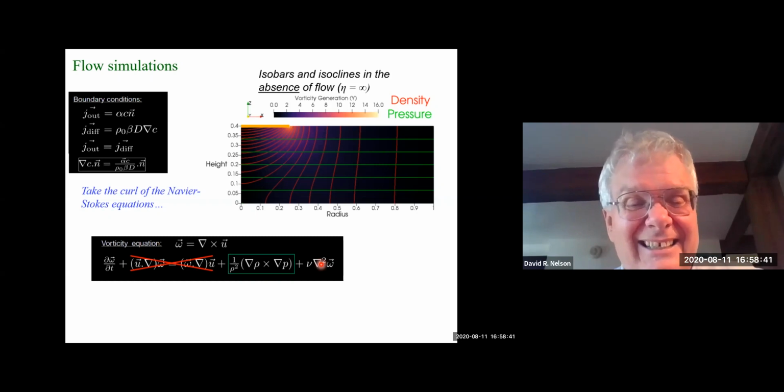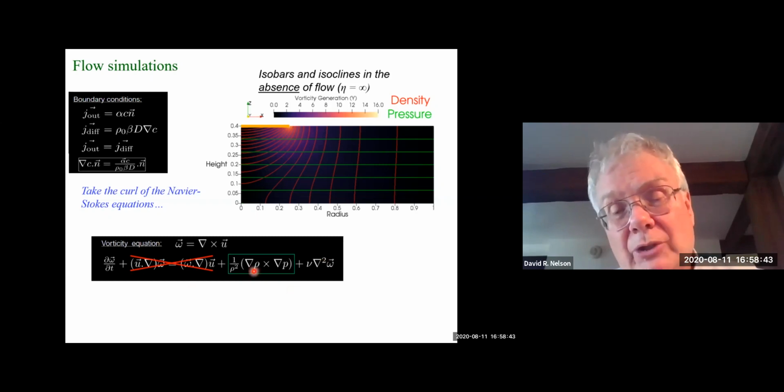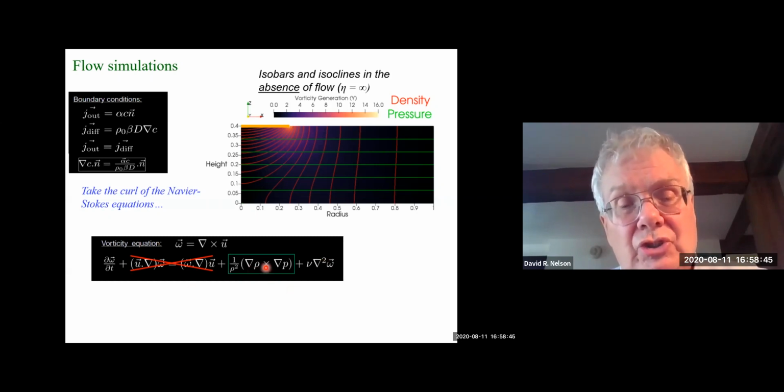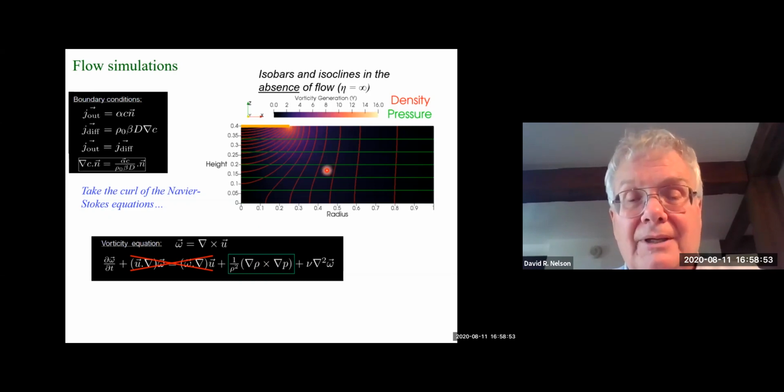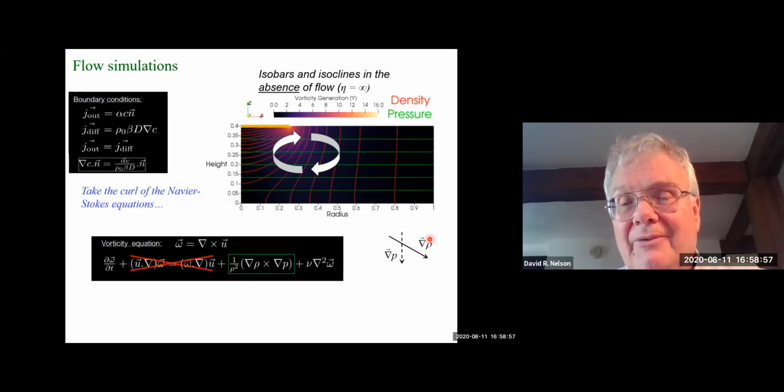Here's the viscosity. And what I have is essentially a vortex mill, a vortex generator, where when this cross product of these gradients is non-zero, which it surely is in this non-equilibrium situation, you can work out with the right-hand rule, this cross product, and you'll see that the vorticity that's generated swirls around as indicated by these arrows.